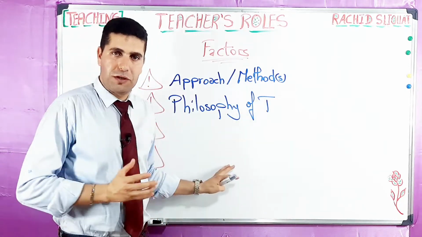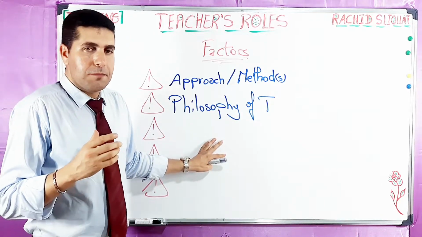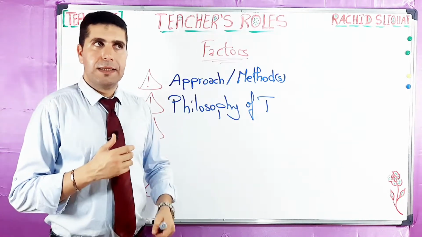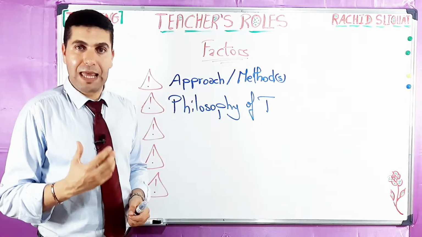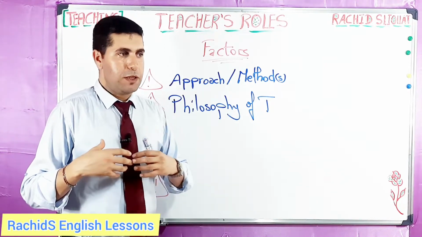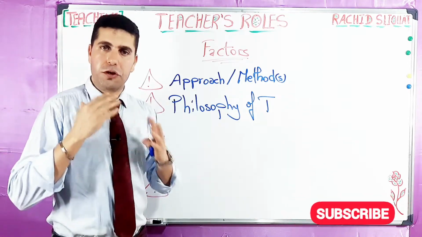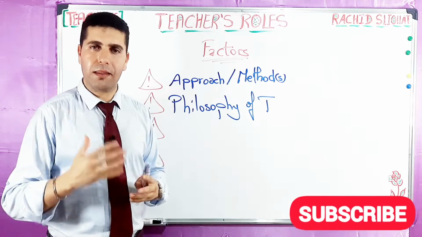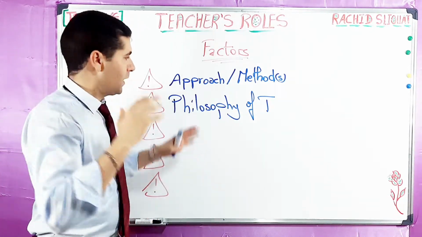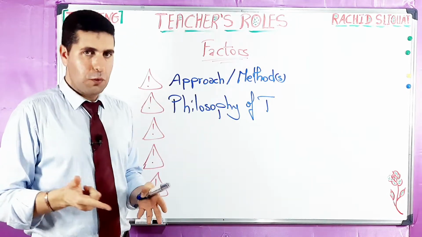Now, imagine, for example, if you adopt a philosophy based on the hypothesis by Stephen Krashen, which is the input hypothesis, which means that the learner in the classroom should be exposed to a lot of input. For sure, you will be talking a lot in the classroom. You will talk a lot. Your TTT will be high. Therefore, this is based on your philosophy of teaching.